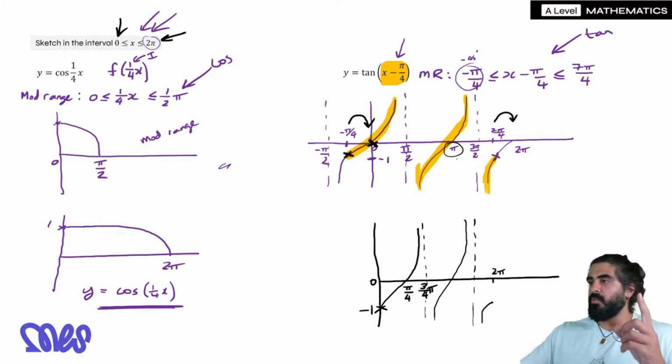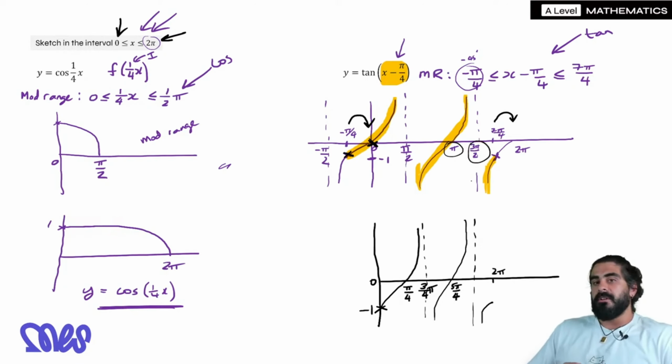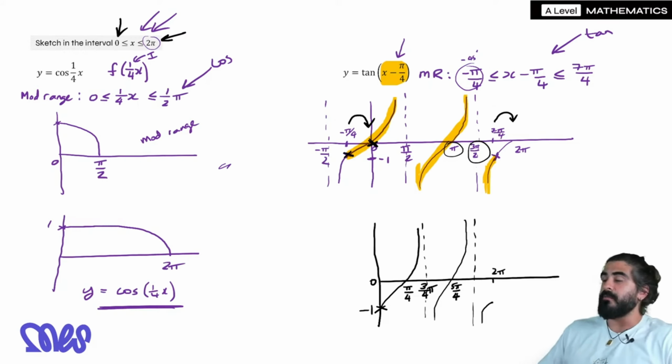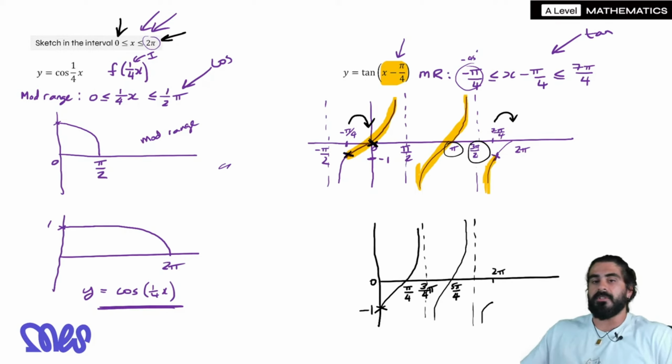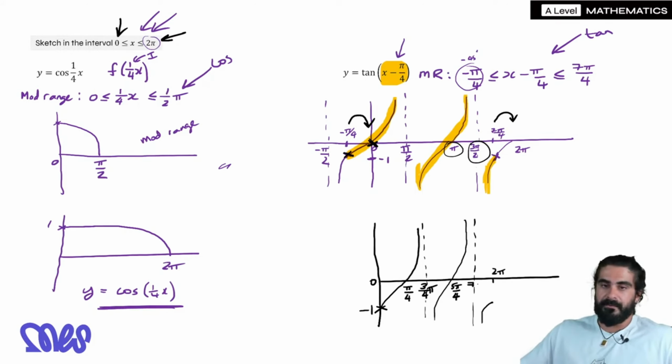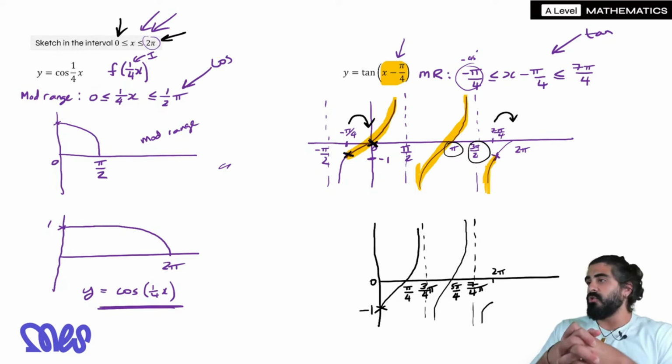Pi here, that's just 1. 1 plus a quarter is 5/4, or 5 pi over 4. 3 pi over 2. 3 over 2 plus a quarter, 3 over 2 is the same as 6 over 4. 6 over 4 plus a quarter is 7 pi over 4. That's your answer.